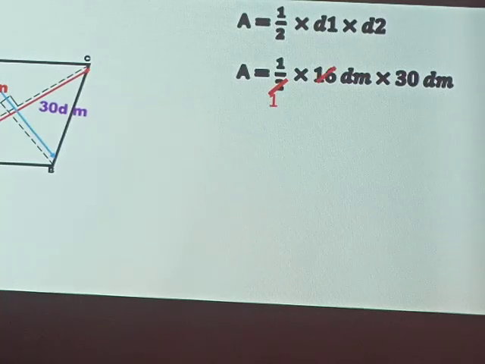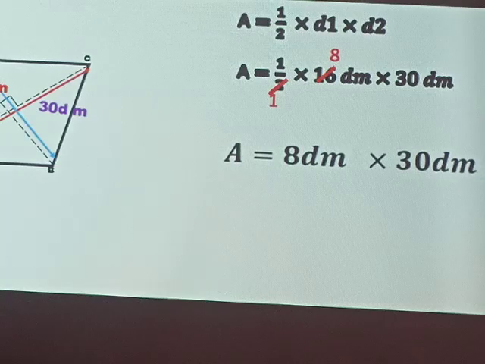So let me divide 16 by 2. That gives me 8. Now what am I remaining with? I'm just remaining with 8 decimeters times 30 decimeters. And now what is 8 times 30? Even a P3 child can give you the answer because of the way I've simplified my division.